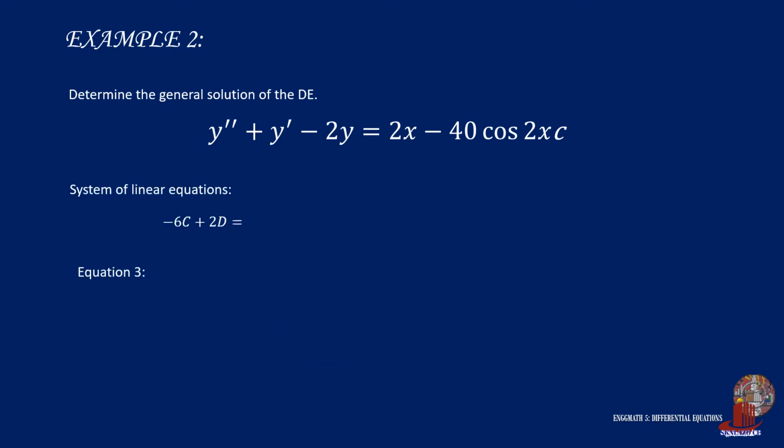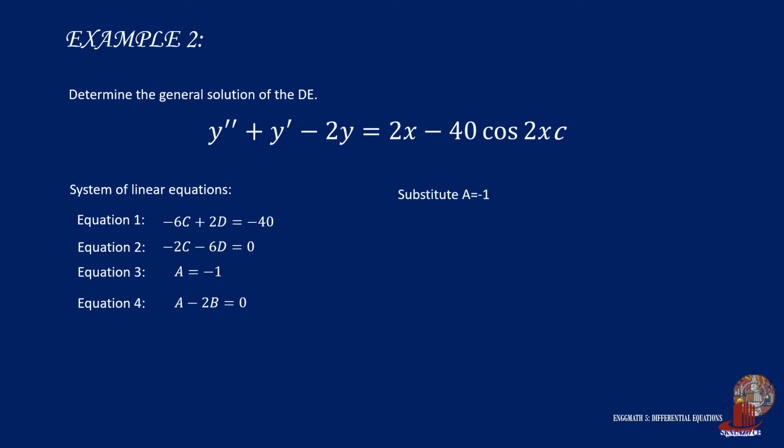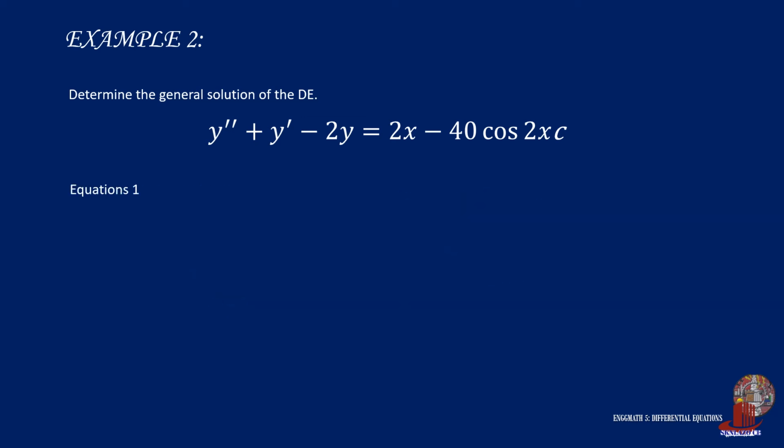So what we have is a system of linear equations where we can readily compute the unknown coefficients. If we start by replacing a as negative 1 in equation 4, we can determine b, which is taken as negative 1/2. For c and d, we can work with the first and second equations, where we multiply the second equation by 3, resulting in negative 18c plus 6d is equal to negative 120.